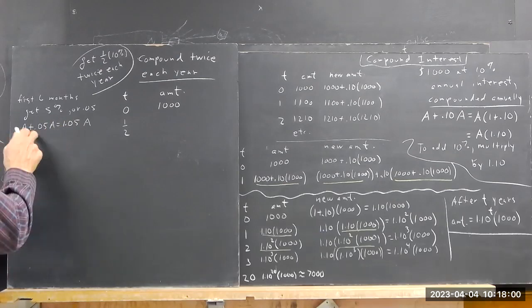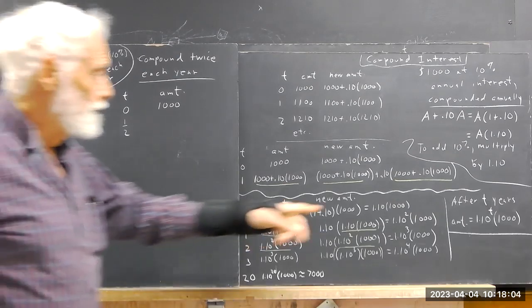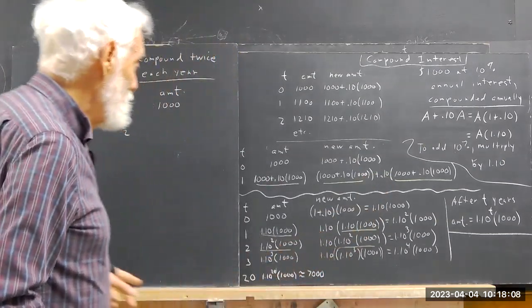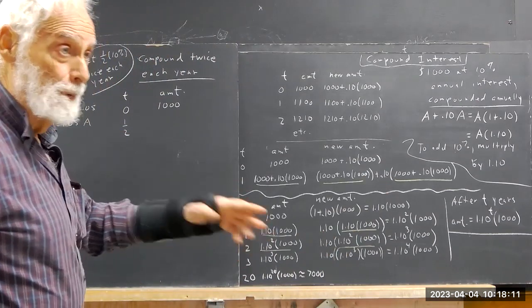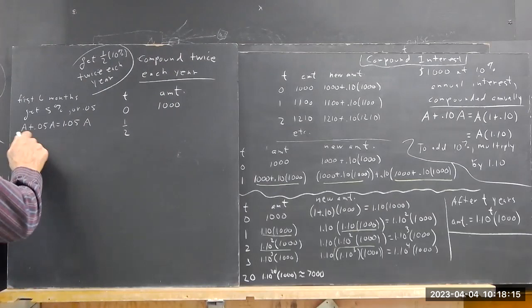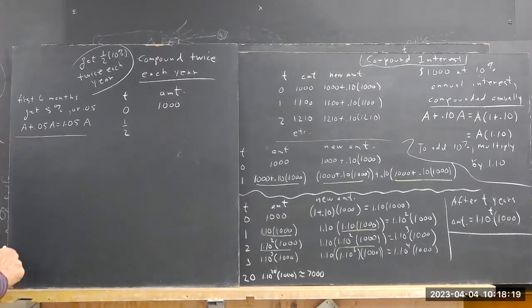It's easy to lose that 0 there, because we're used to just writing the number right next to the decimal. We can't put a 5 right next to the decimal, that'd be 50%. It's 0.05. So this is the amount plus 0.05 times the amount.